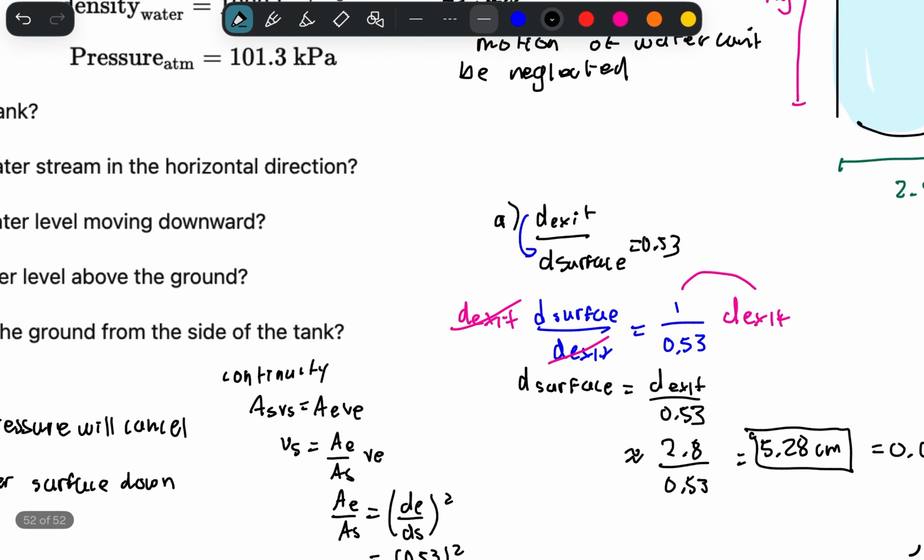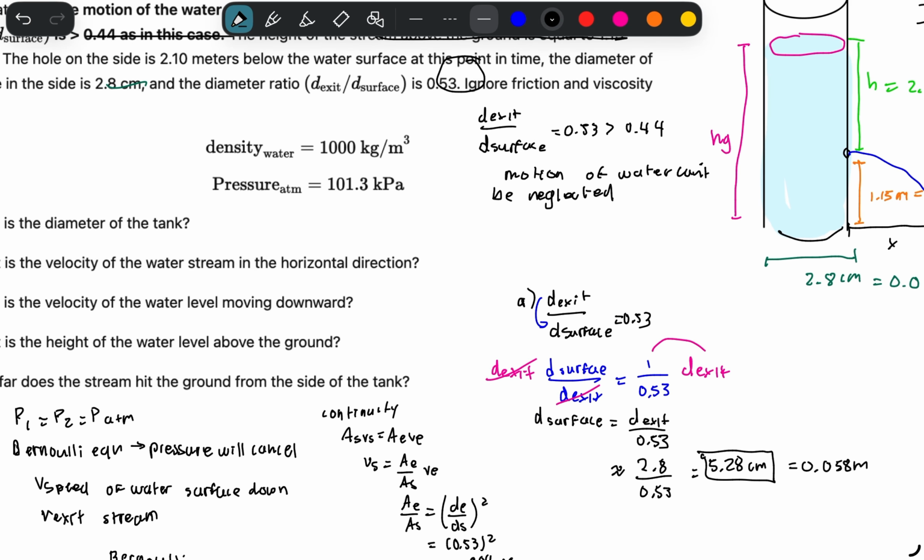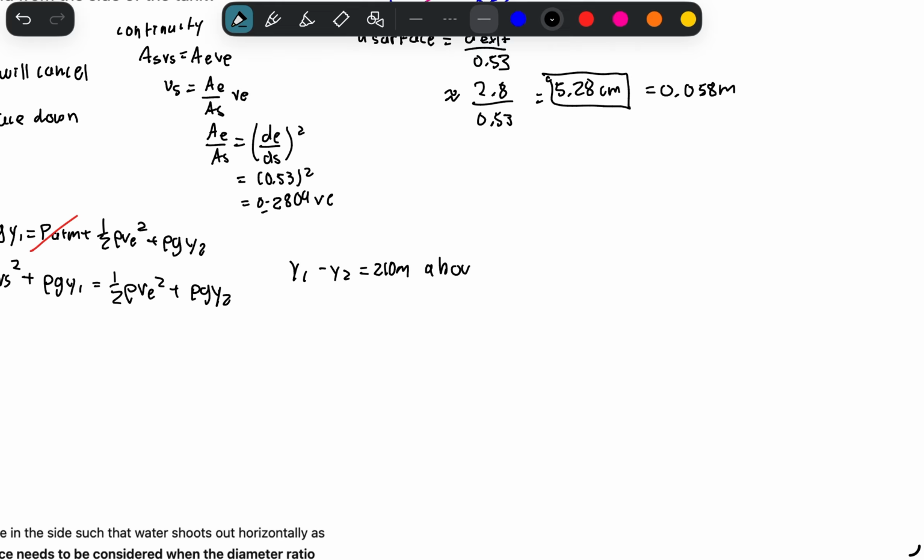The surface is 2.10 meters above the ground, right here. Here we're going to have 1/2 vs squared minus ve squared equals g times 2.10.